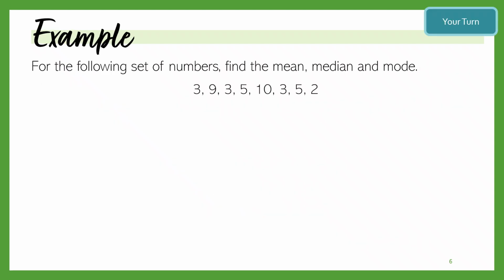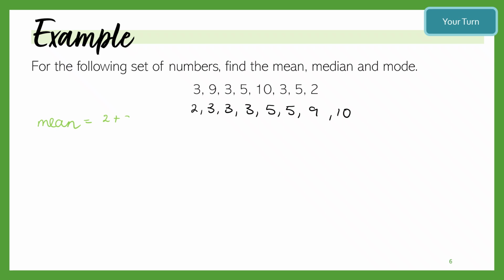Now feel free to pause the video here and just have a go at this by yourself, but we're going to find the mean, median, and mode. And I am going to start off by reordering this data, okay? So to get my mean, I'm going to add all of these together.